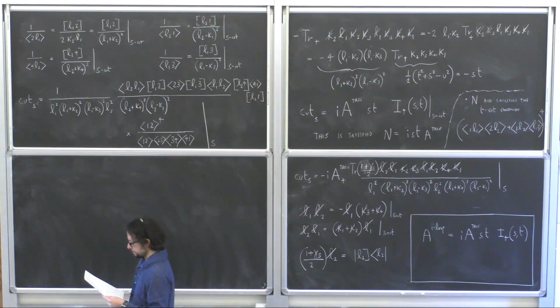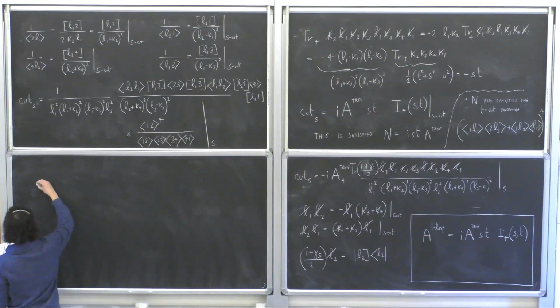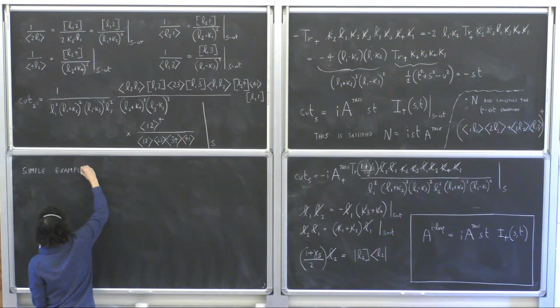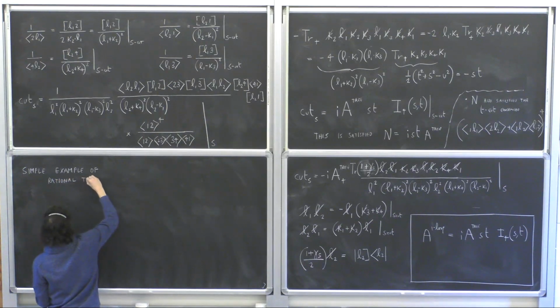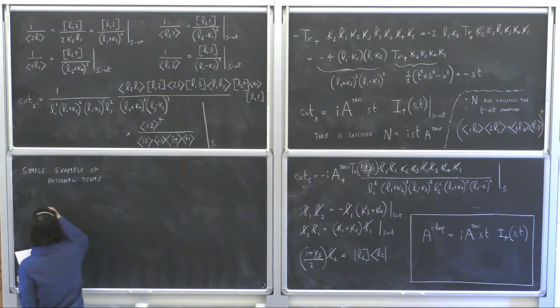In order to do this, let me mention a simple example of rational term. In principle, one can split the loop momenta in the following form.